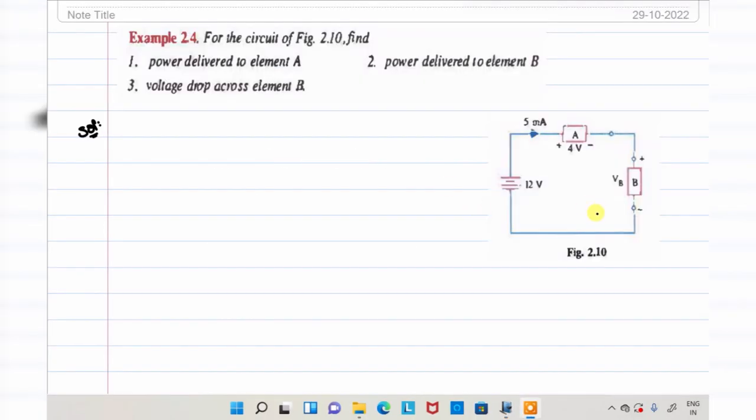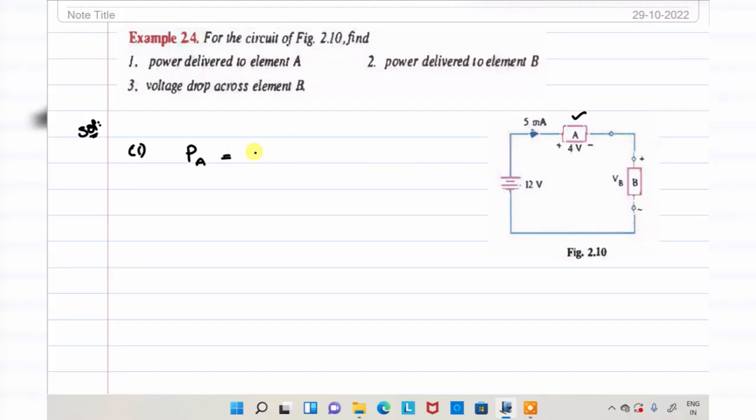Next, example 2.4. For the circuit shown in the figure, this is the circuit we have. The first point here: power delivered to the element A. So the power delivered, PA, is equal to current.